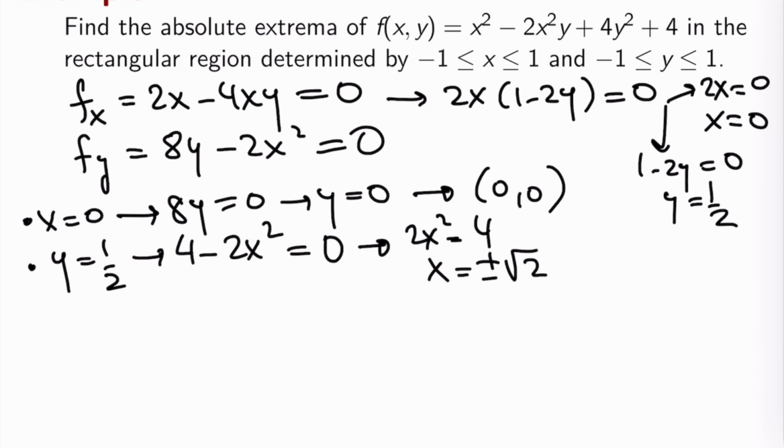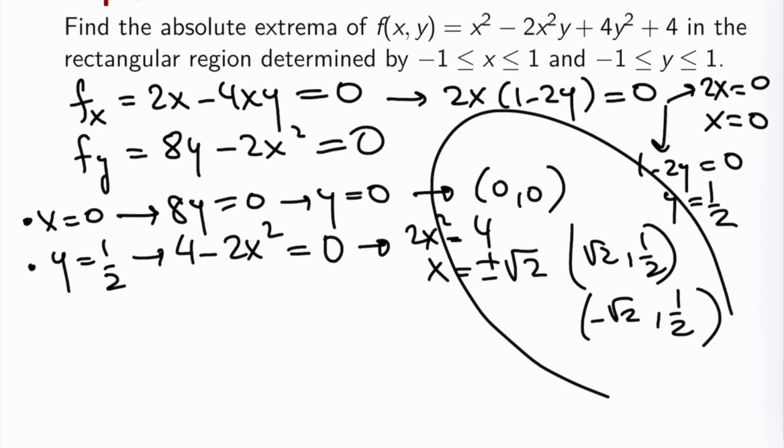So then we have two more points: square root of 2, 1/2, and minus square root of 2, 1/2. So these are all the interior critical points.